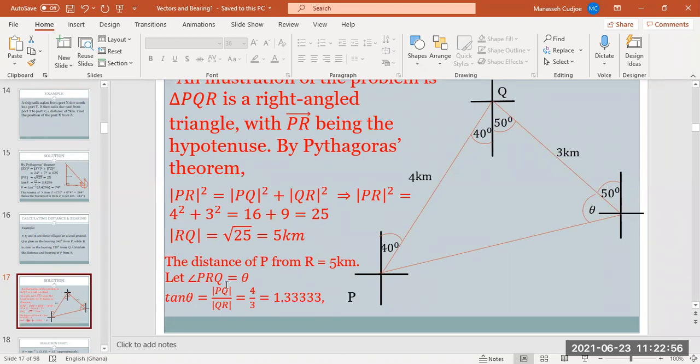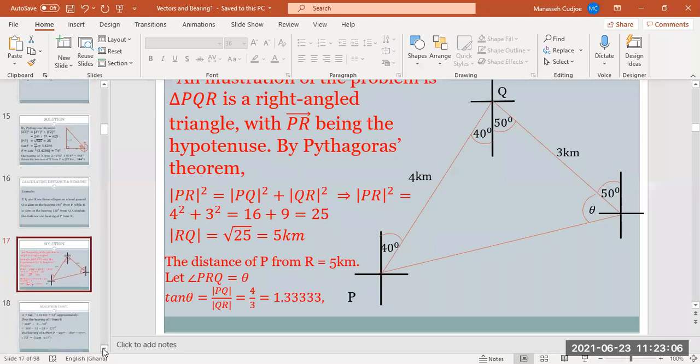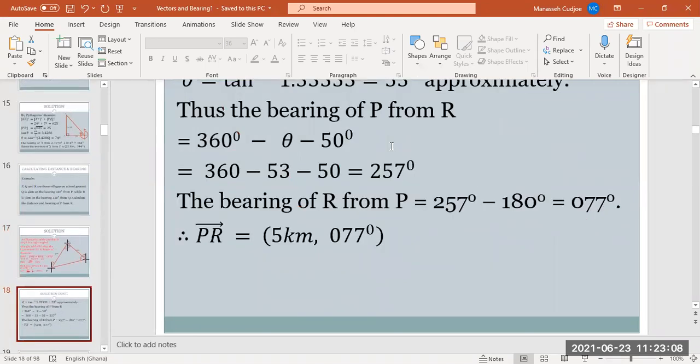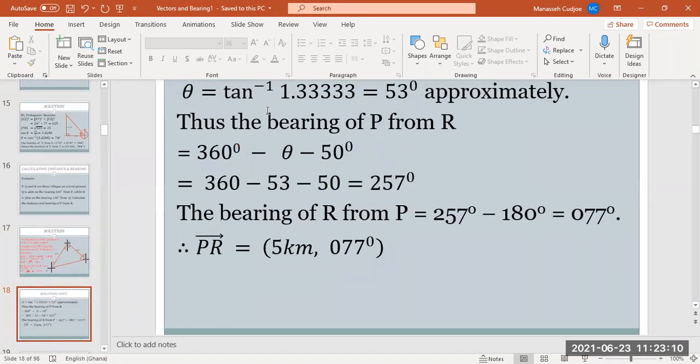my slide. So typically, I'm now looking at which of the ratios will connect opposite and adjacent, and that's tan. So exploring, going through that in your groups or individually, you should be able to determine that the angle over there should be 53 degrees approximately.